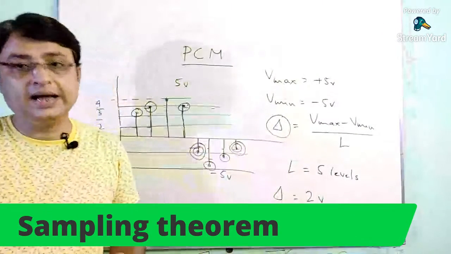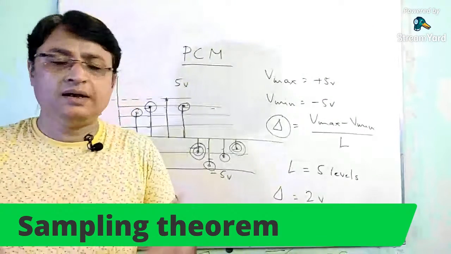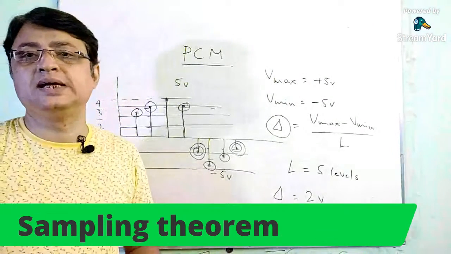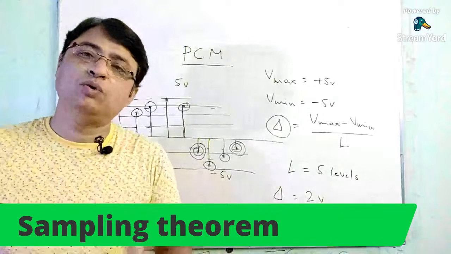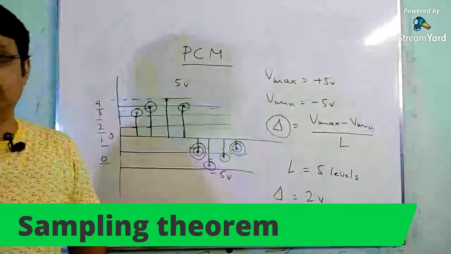Now, again a question arises: how to remove this quantization error? The simple answer is that you have to increase your number of levels.